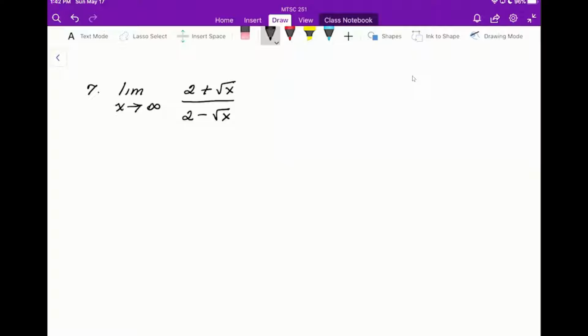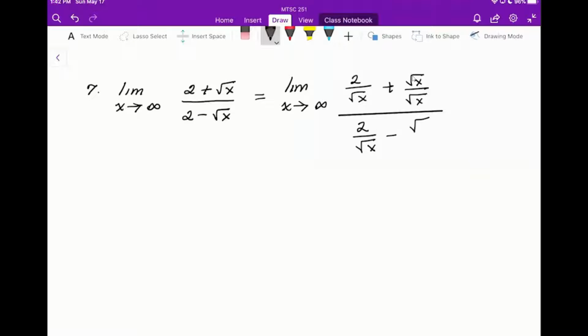We are now going to get the limit as x approaches infinity of 2 divided by the square root of x plus the square root of x divided by the square root of x, divided by 2 divided by the square root of x minus the square root of x divided by the square root of x.